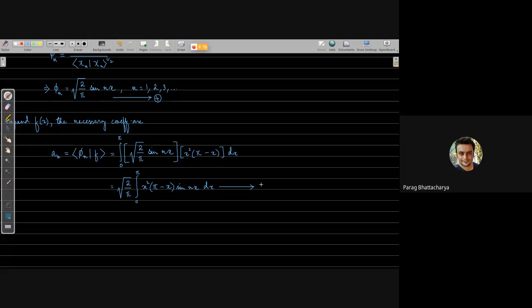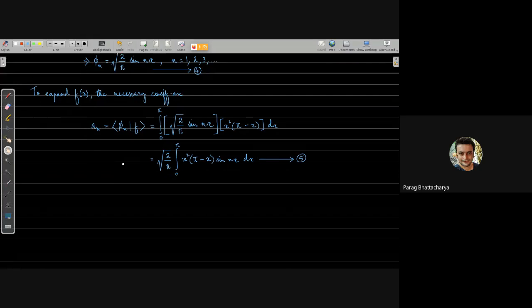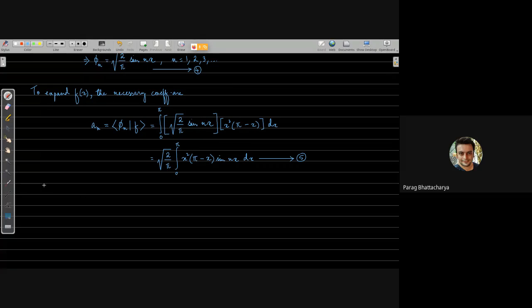Let's call this equation number 5. So you can evaluate equation number 5 and you can get this an. I'll leave this to you.